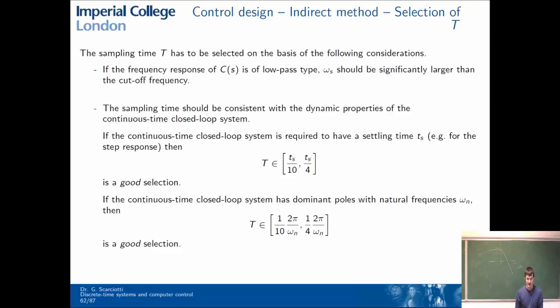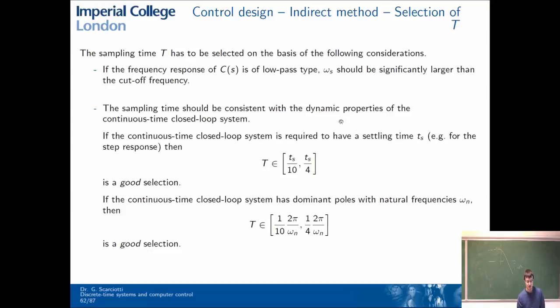However, if instead your plant is actually an electric circuit in which the dynamic is extremely fast, then you have to select the sampling time very small, okay? So you have to select the sampling time depending on the dynamic properties of the continuous time closed loop system. And here there are some rules to assess these dynamic properties, okay?